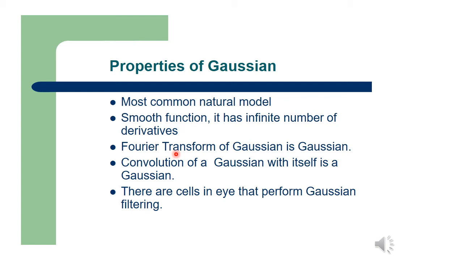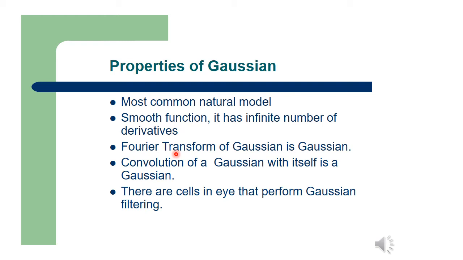Also the Fourier transform of a Gaussian results in a Gaussian. And when we apply convolution on a Gaussian with itself, we again get a Gaussian function.